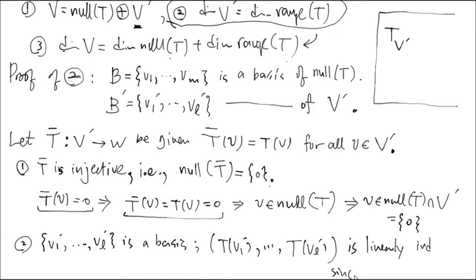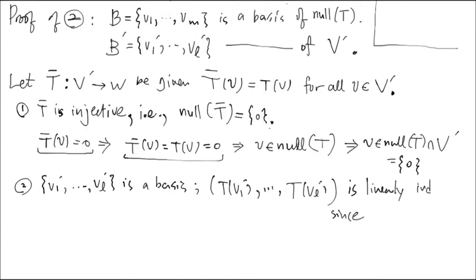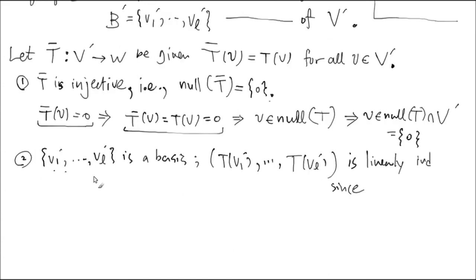I want you to think about correct reasoning. Why, if I have linearly independent vectors V1 prime to VL prime, and I send them along the linear transformation T bar, do they remain linearly independent? Why is that? Not in general. In this case, yes, so you have to find the reason why.